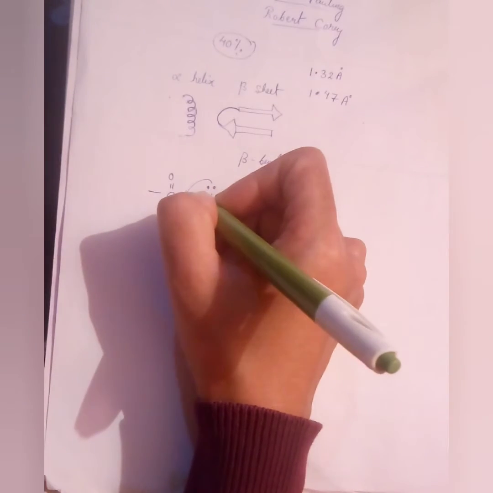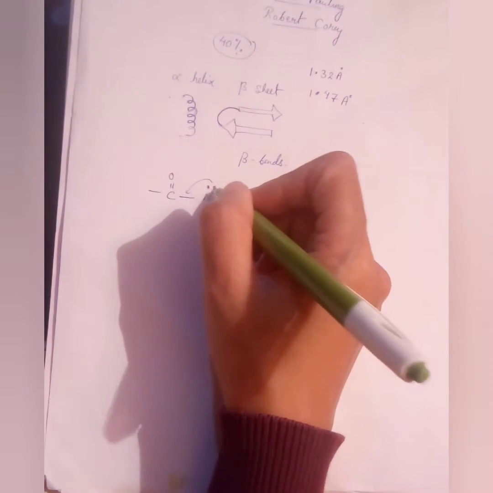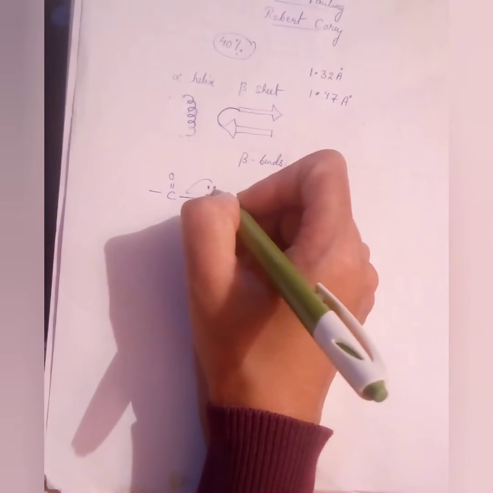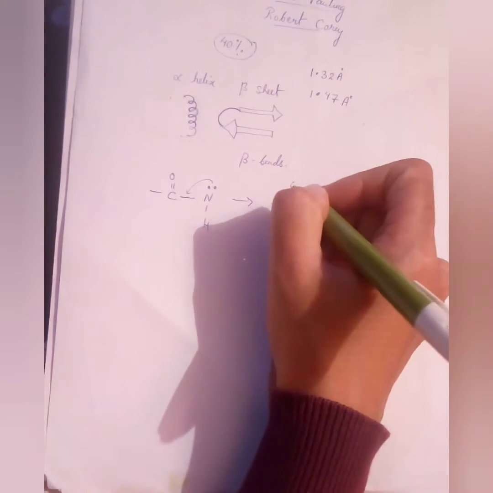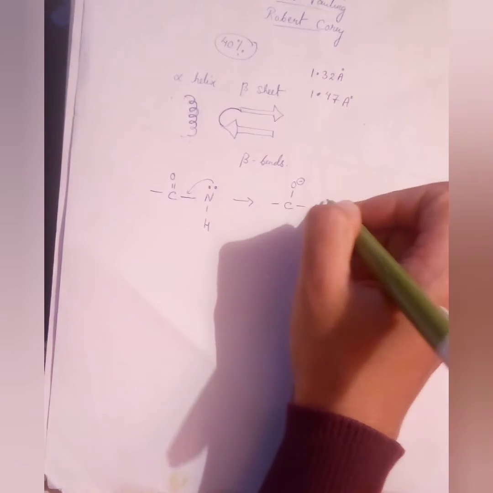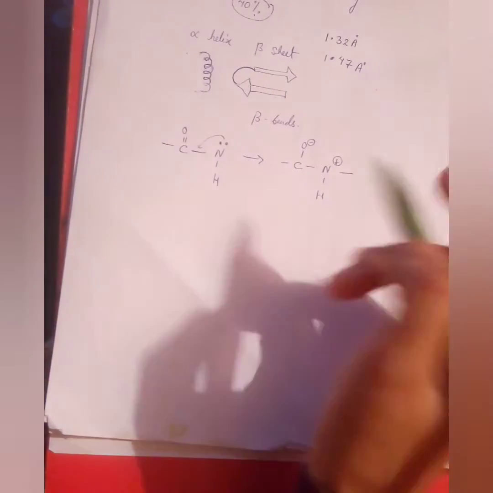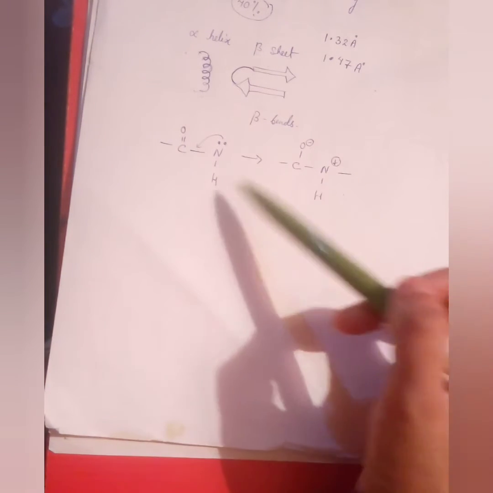It will not give them away to form the double bond here. Just remember, it shares these two pairs of electrons. So here it becomes partially positive and this becomes partially negative, acting as a small electric dipole. This is referred to as the resonance in a peptide bond.